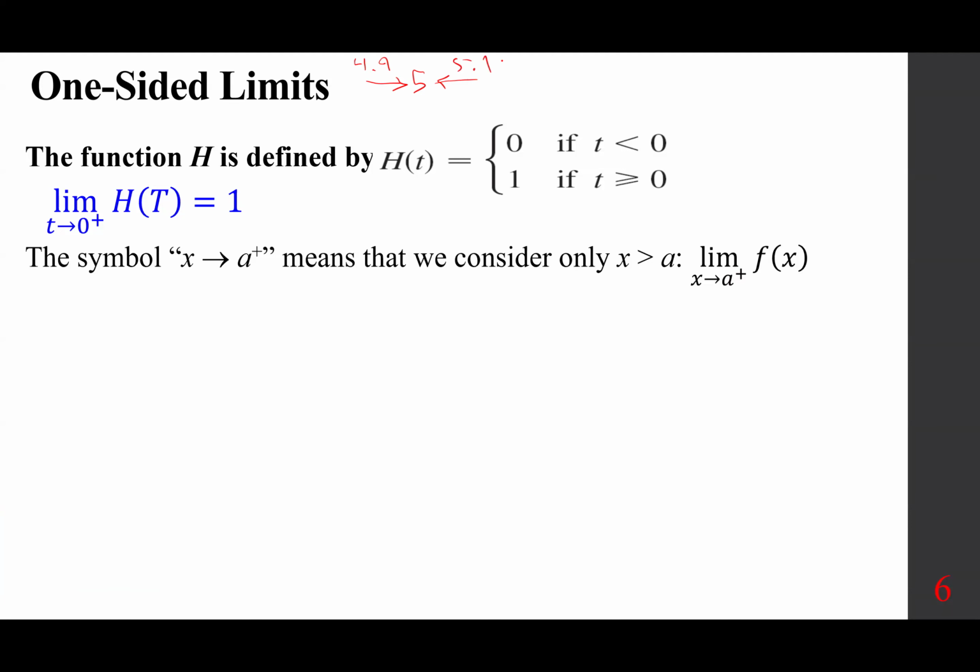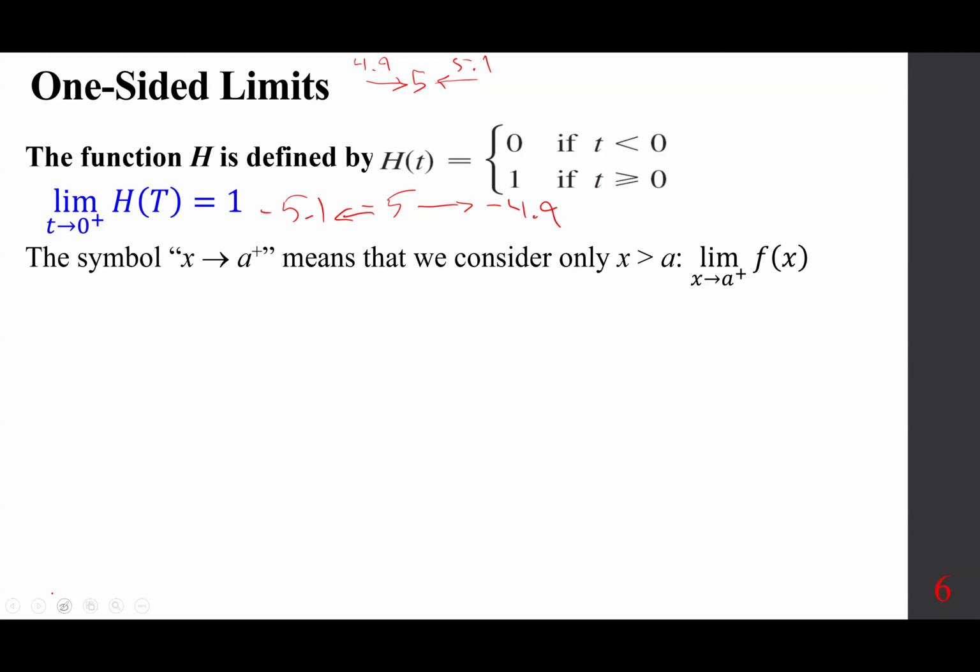For example, the left side is 4.9, the right side is 5.1 for number 5. If you have a negative number, both sides are negative. For example, negative 5.1 to the left, negative 4.9 to the right.